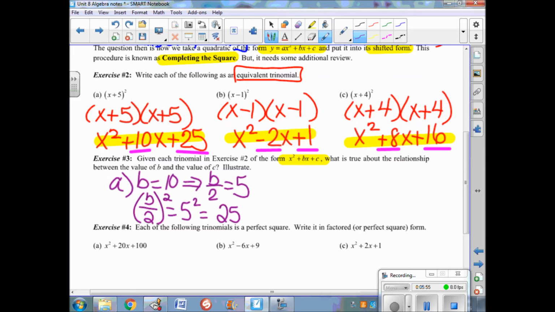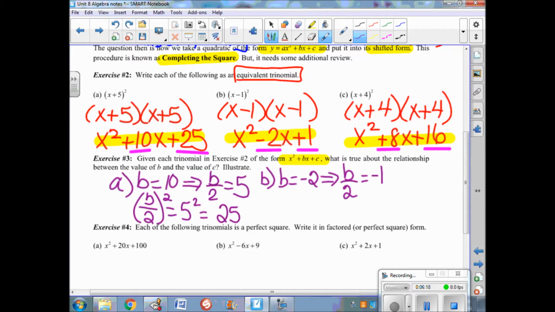It's taking half of the b, squaring it, and that's equal to your c. Let's see if it holds true in example B. We know that b is -2, and if we take half of b, that gives me -1.